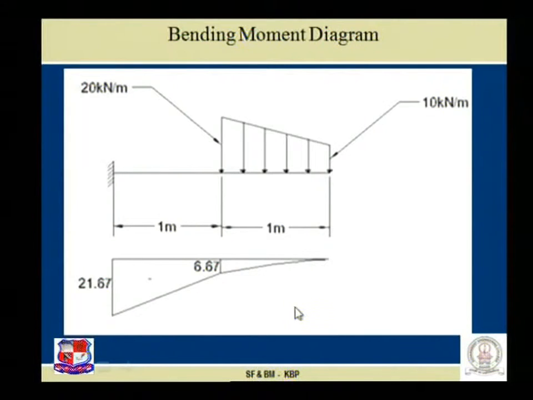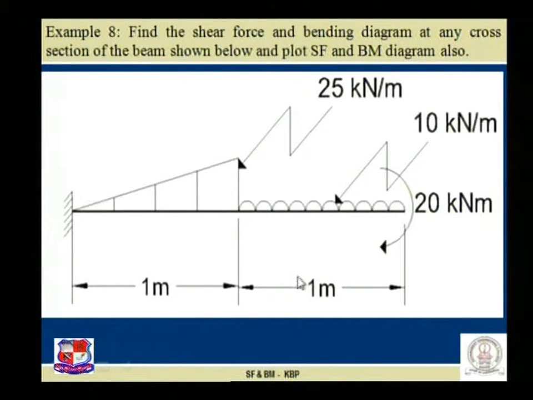Now let us go with the next problem, and the last problem for a cantilever beam, that is a combination of all the loads: UVL, UDL and concentrated moment acting at this point.